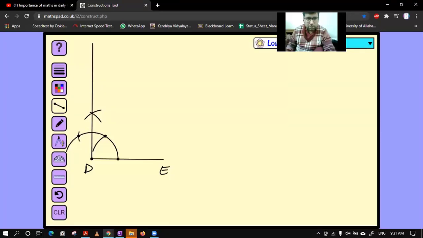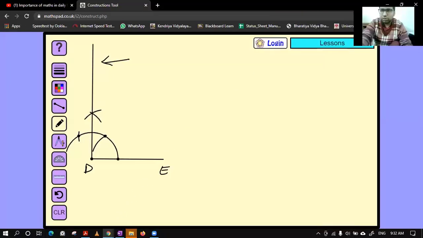Now class, after drawing the perpendicular, we need to understand that our point F lies somewhere on this line. Now the question is how to find that position with confirmation.